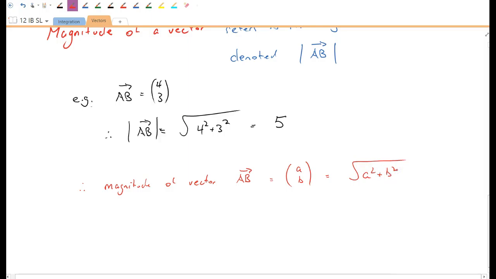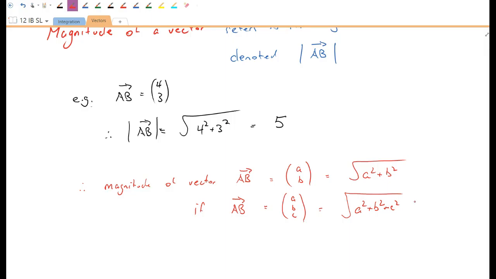Now if we've got AB as a 3-dimensional vector, so we've got 3 components, it's a squared plus b squared plus c squared. It's Pythagoras in 3D.